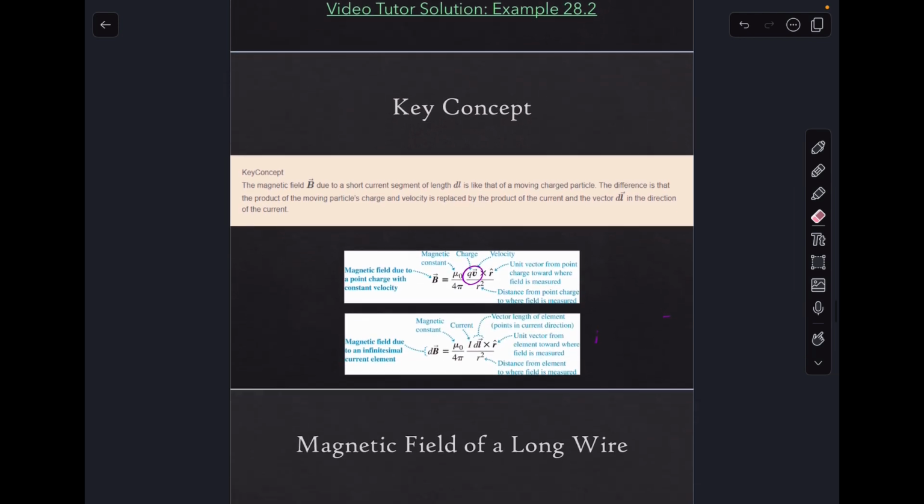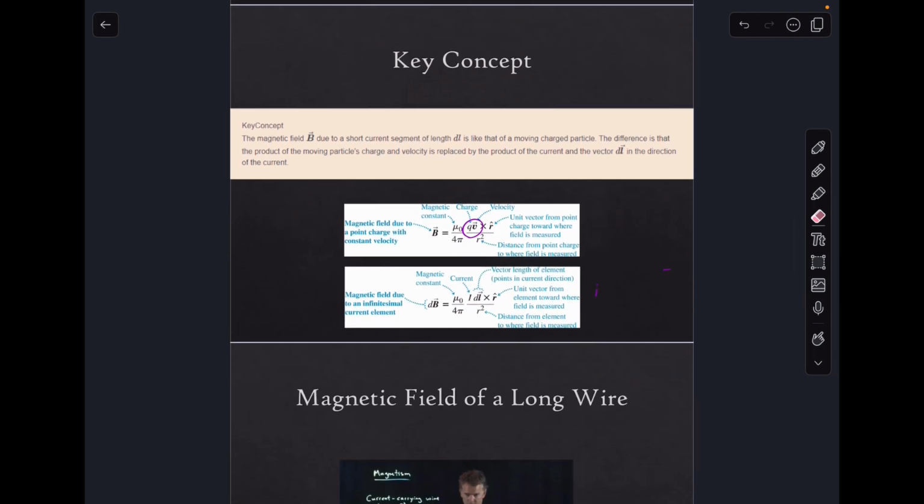So we just finished this example, and the idea here is that we extended this no-name equation into the Biot-Savart law, which you see has differentials in the equation, right?